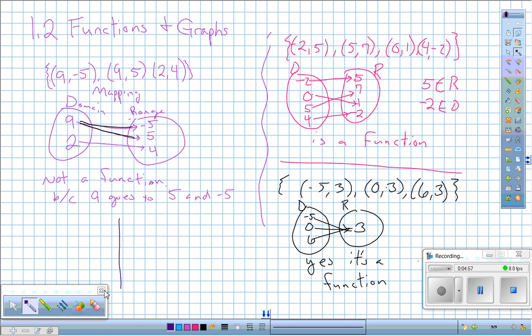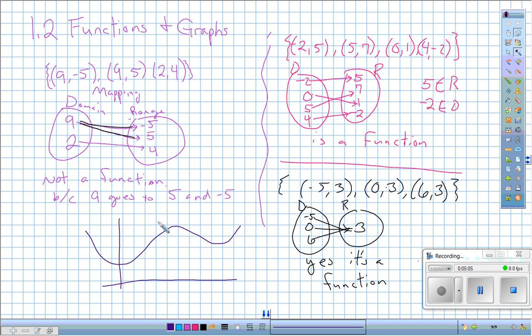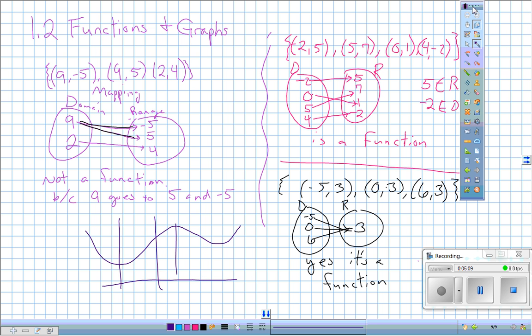Hopefully you guys have heard of the vertical line test. Usually I have some sort of line, and then I try to test where lines go through things. So if I were to do that, I would have 2 here. So I have 2, 4, 6, 8, 9, not that that really matters. At 2, I would go up to 4.